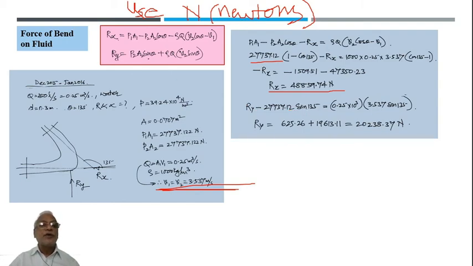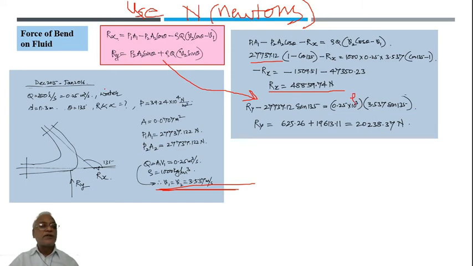Now Ry: if we apply this equation, P2A2 sin theta comes leftwards, so Ry minus 27,737.12 into sin 35 is the equation, equal to rho into Q. Because it is water, it is 10 raised to 3 rho.